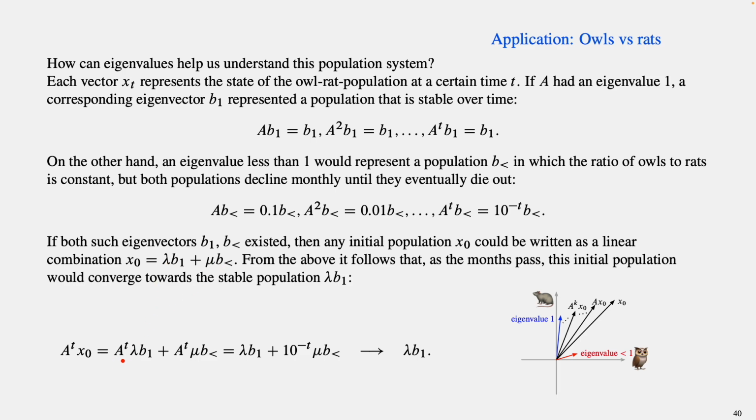And this just means that the first part, the stable part, lambda b1, is unchanged, but the second part, mu times b less, becomes 10 to the minus t mu times b less, and as t goes to infinity, this part vanishes and we converge towards lambda b1. So some stable population along the axis of the eigenvector for eigenvalue 1. And this is indicated by this convergence of these arrows here towards the blue one.